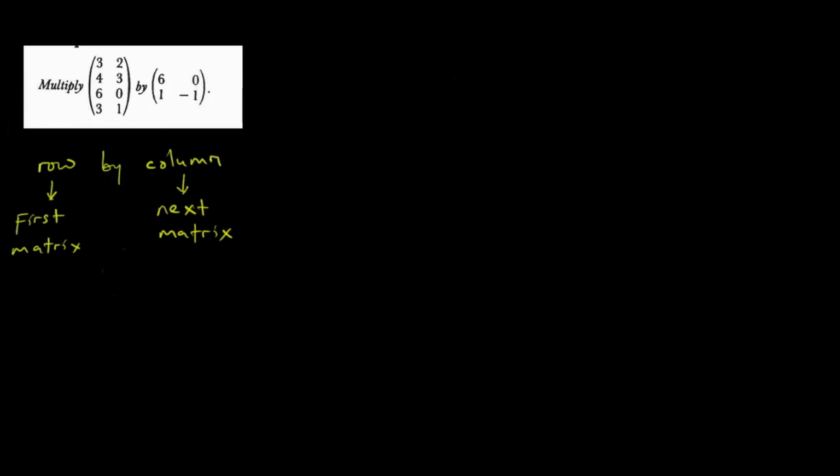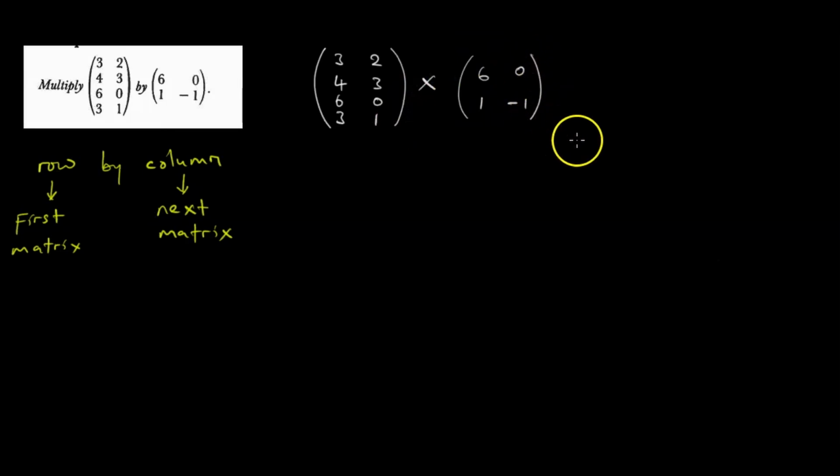So let us do it tuone. We have this matrix which is 3 4 6 3 2 3 0 1 by Zorocti times 6 1 0 minus 1. But remember, tati kuti tione kuti zvinhu zvinokwanisa kumultiplyana here, we have to consider the number of columns in the first matrix.